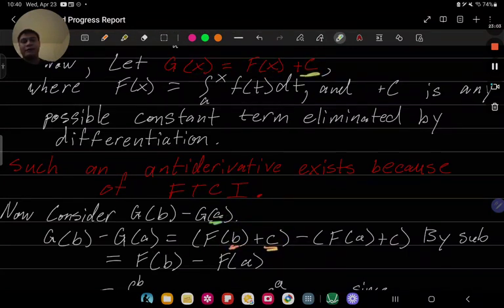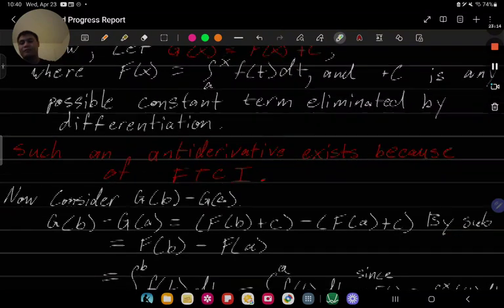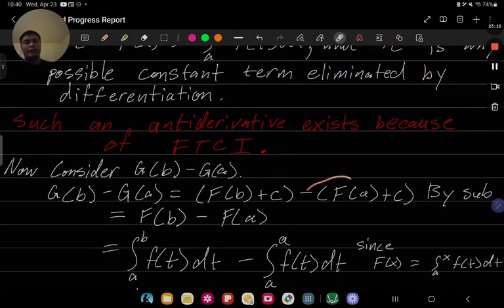And g of a is just capital F of a plus c by substitution, right? And we can distribute this negative to the c, so that's a plus c, that's a minus c. Those c's cancel out. And so we're left with F of b minus F of a.